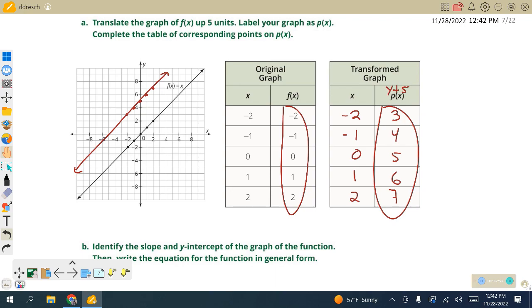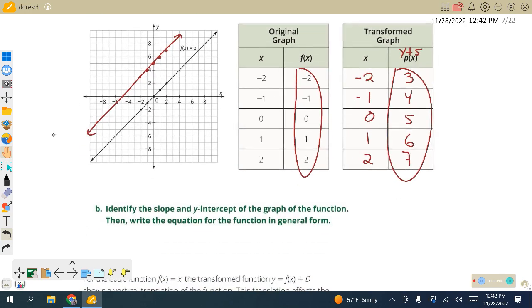Now, let's identify the slope and write the equation of it. Just like we did a second ago, what is the slope of our transformed line? What are my steps doing? It's still doing 1 over 1, right? Up 1, right 1, up 1, right 1, it's all staying the same, just like on our original one.